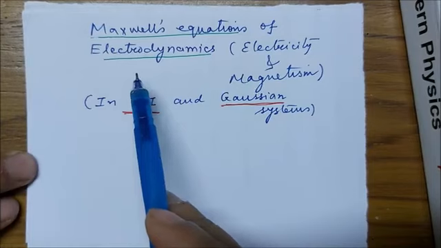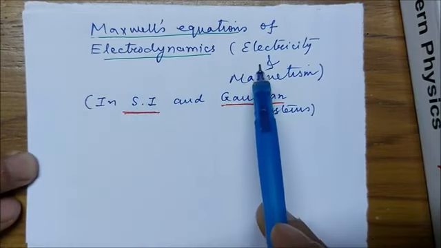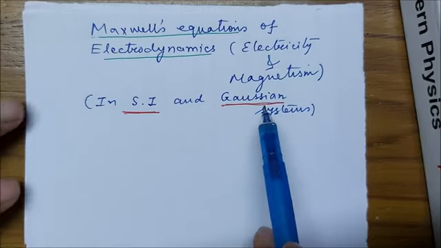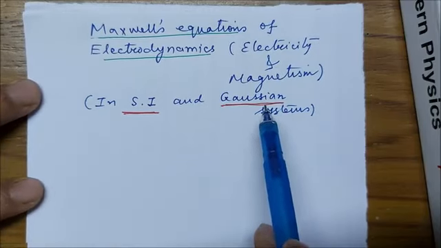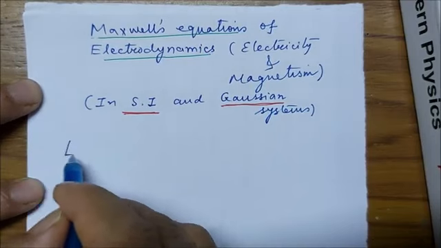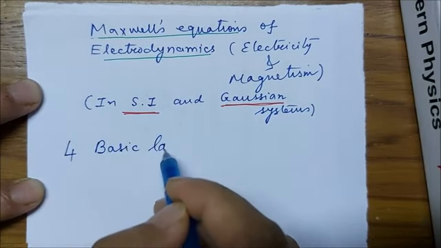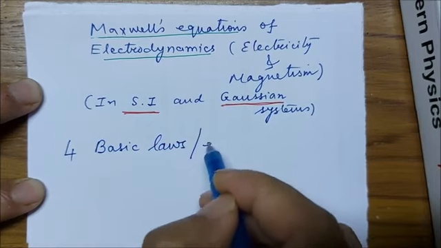The subject of electrodynamics or electricity and magnetism rests upon four pillars. In other words, there are four basic laws or equations.